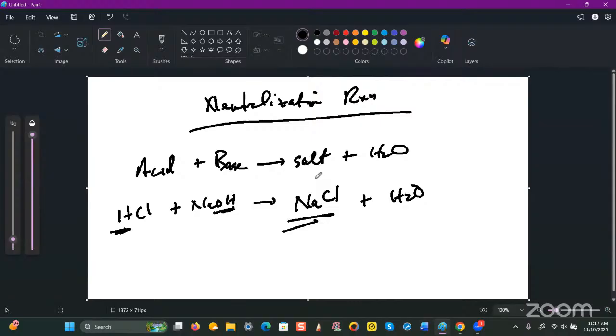So that's basically what happens in a neutralization reaction. The reason why they call this a neutralization reaction is because the acid is acidic, the base is basic, and the product is supposed to be neutral. In other words, the product is neither acidic or basic. All right, that's basically what happens in a neutralization reaction.